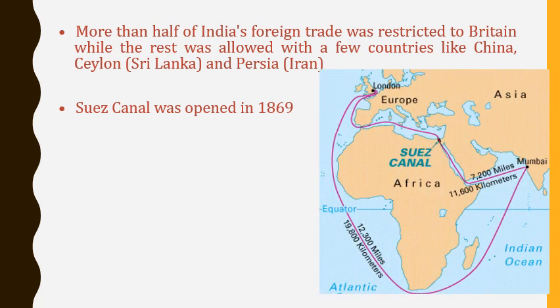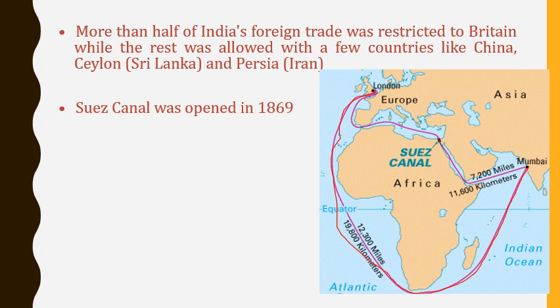The Suez Canal is the way, you can see here, let me show you. This is the way. Yes, Mumbai. First we went from this side, from Mumbai, crossing the African area, then moving to Europe, London, which is around 12,300 miles, and in kilometers it is 19,800 kilometers.